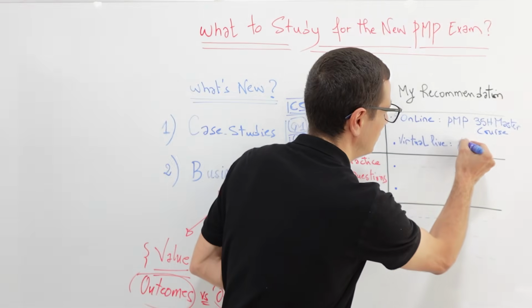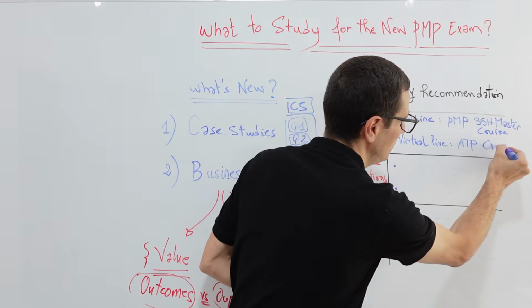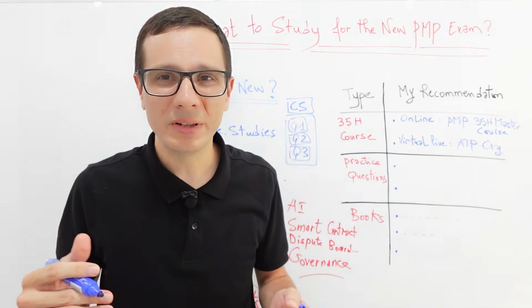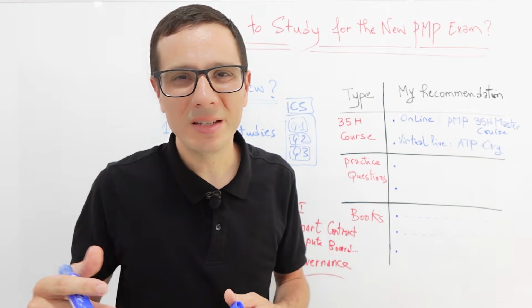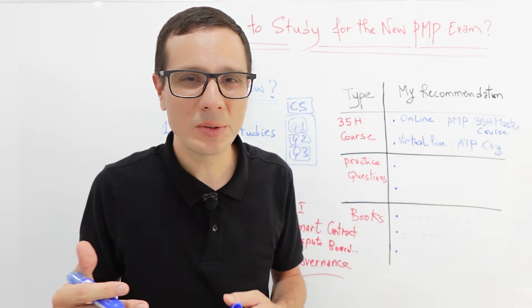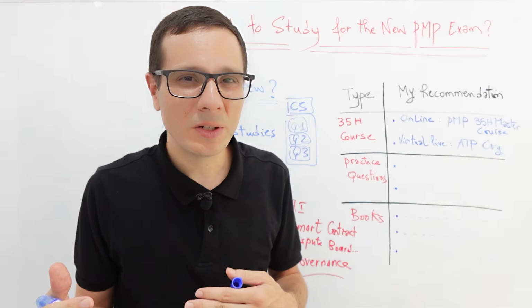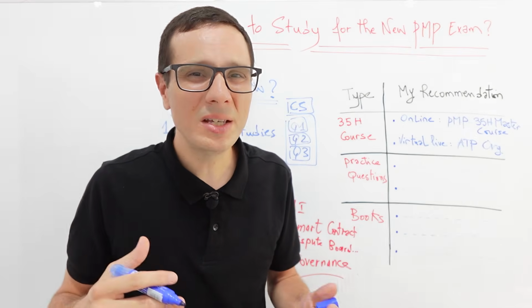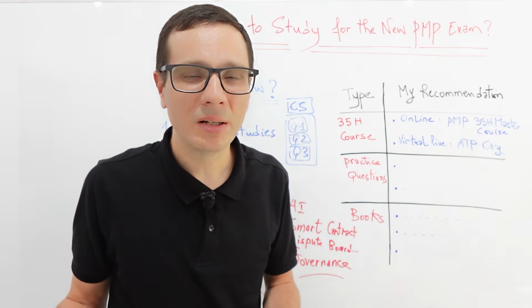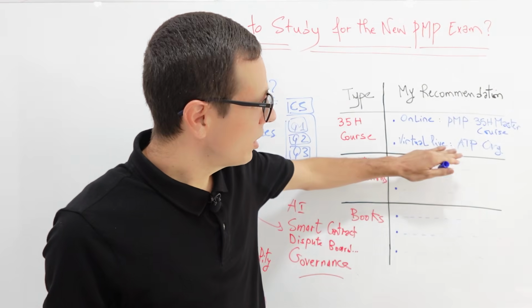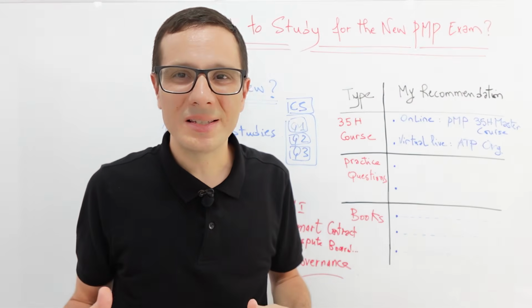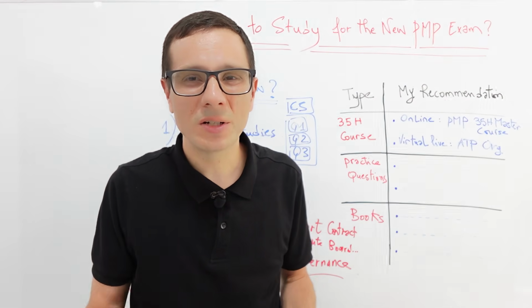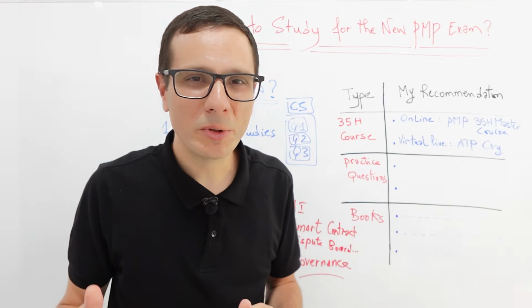So here, ATP organization, and I will put the link for the ATP organizations in the description box, so you can check the organizations in your country, select some, check their websites and see if they have available training coming soon. The advantage of this option compared to the recorded option is that you can attend and ask questions directly, and you will be much more committed.